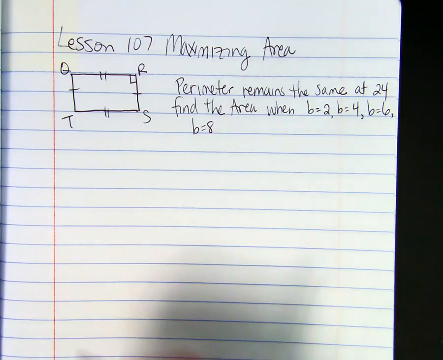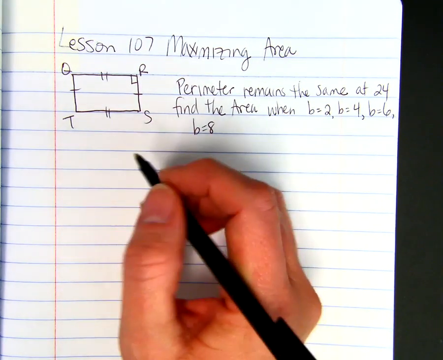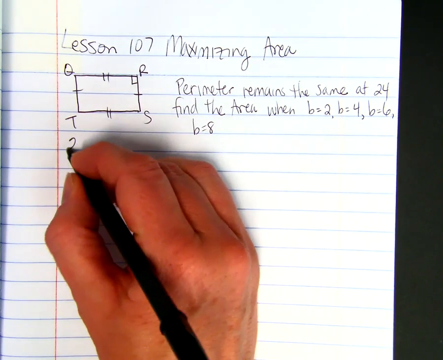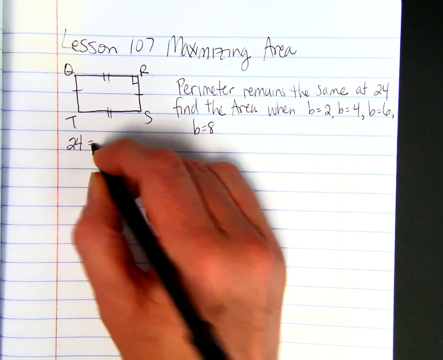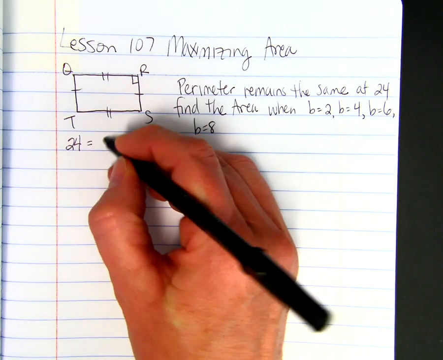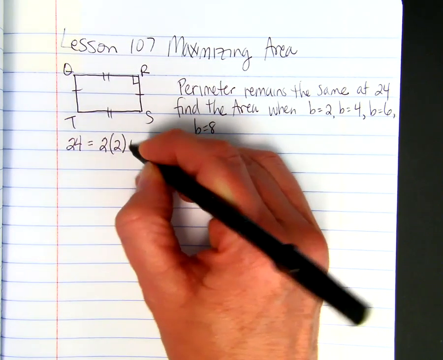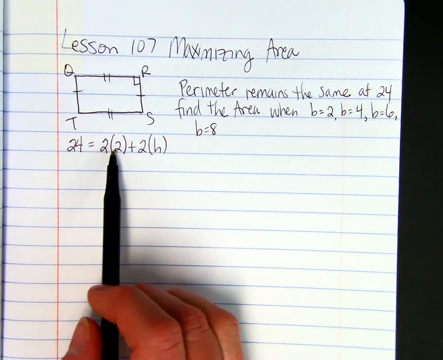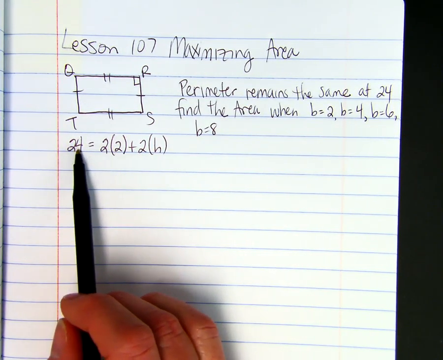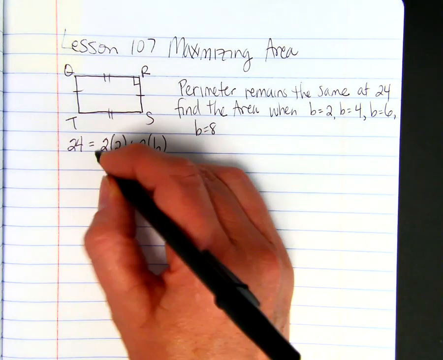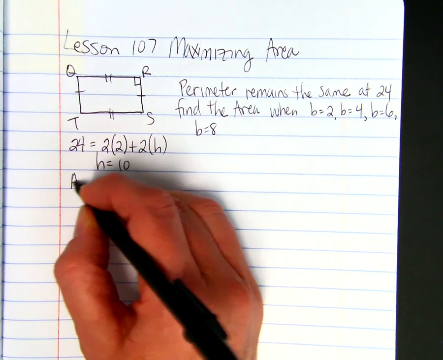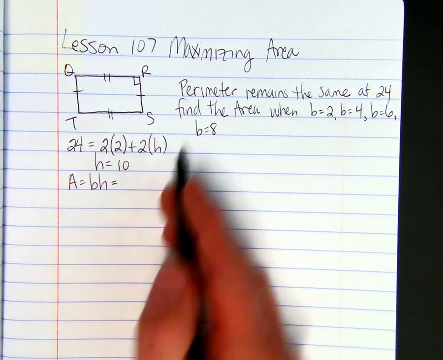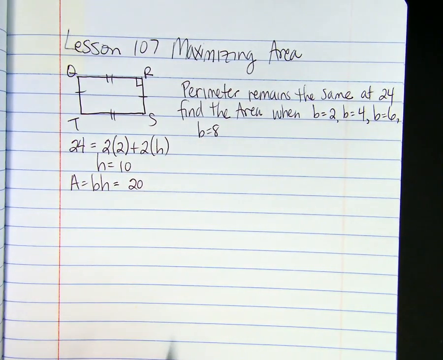But first we say 24 equals 2 times the base plus 2 times the height, and that's how we find the height. We subtract 4, we get 20, divided by 2, the height then is 10, and the area equals base times height. So the base is 2, the height is 10, the area would be 20.